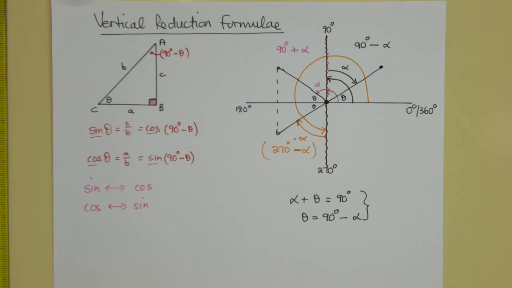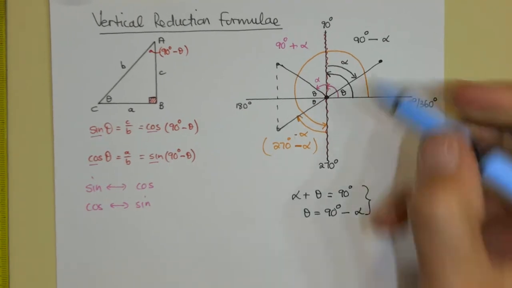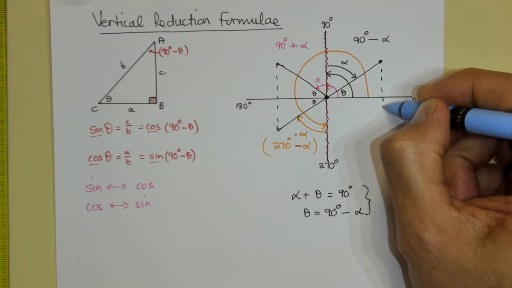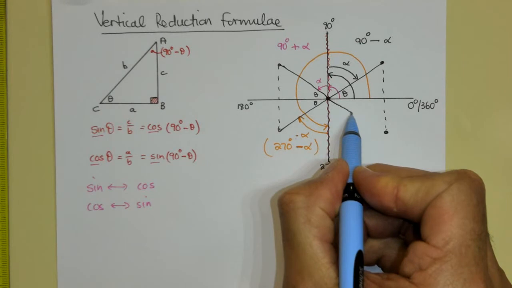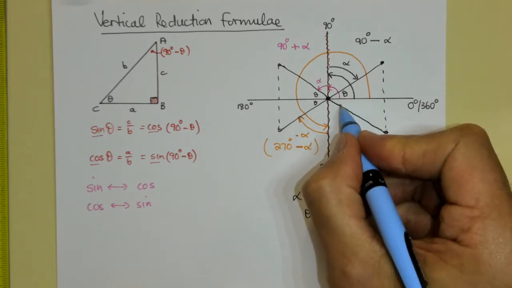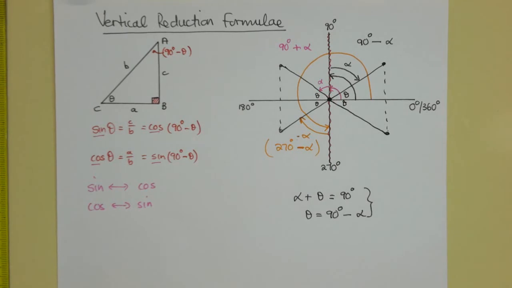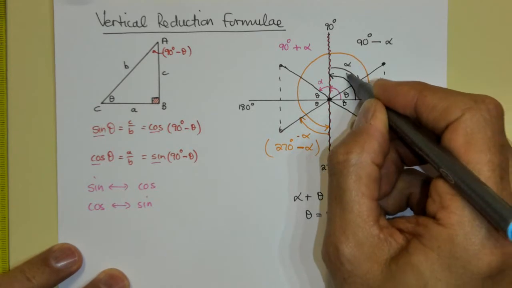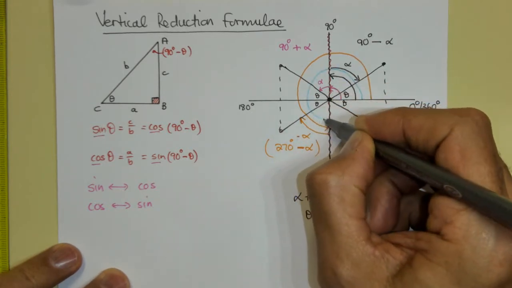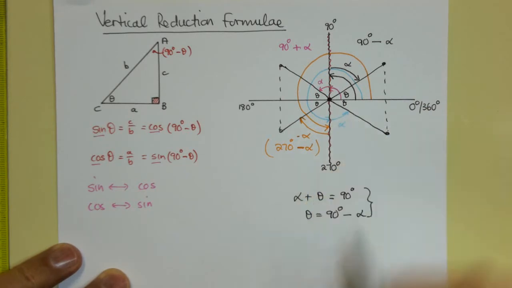And again, by the same token, if I now go and I reflect this point in my x-axis, I more or less land up there. I join the two, and again in this position I will have my theta. This time around I'm going to do the same thing, but I go to my 270 line and I bounce on alpha degrees.